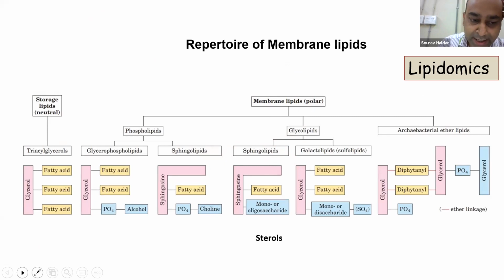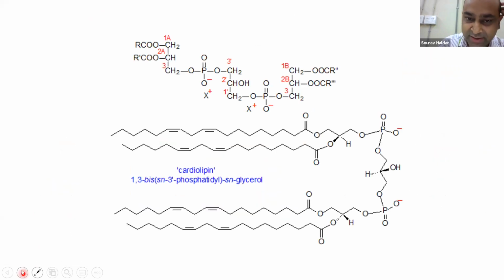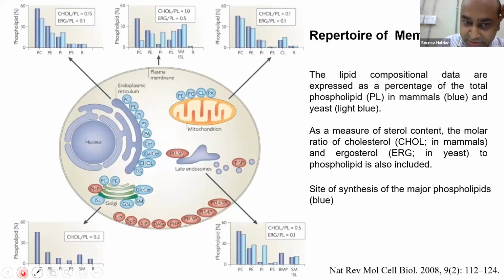So there could be n number of different ways that the fatty acyl chain composition can change. You can have different ways of arranging the membrane head groups. So in other words, there will be different kinds of lipids found in different organelles as well as different organisms.